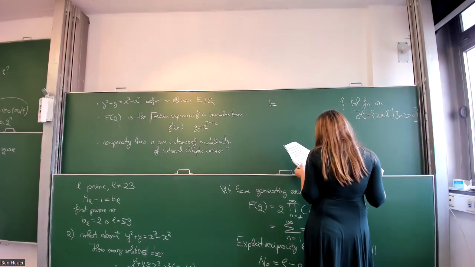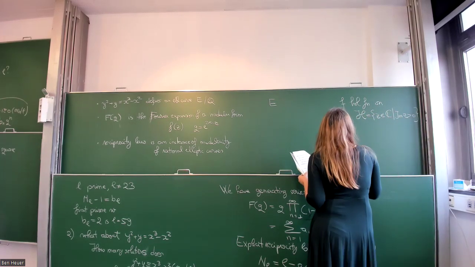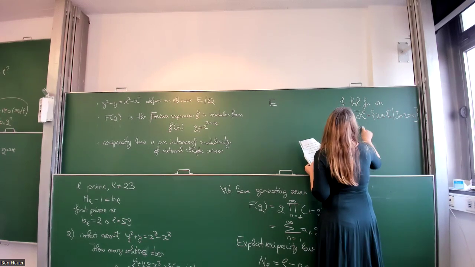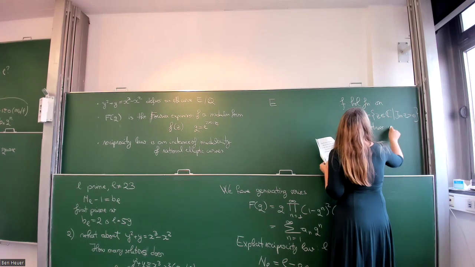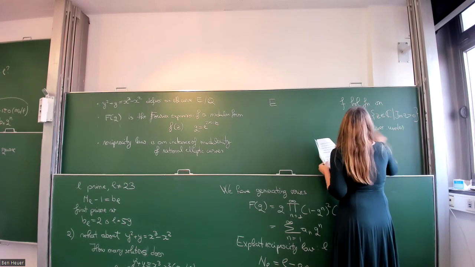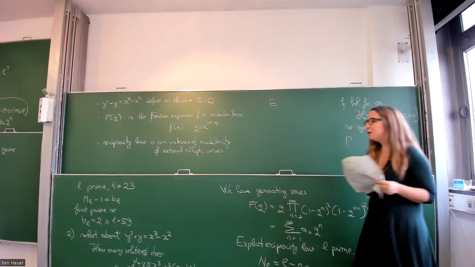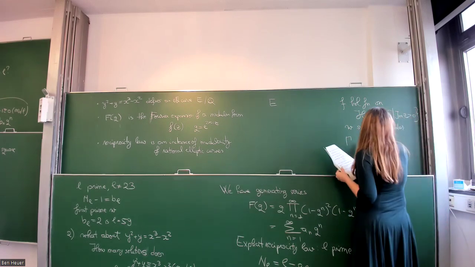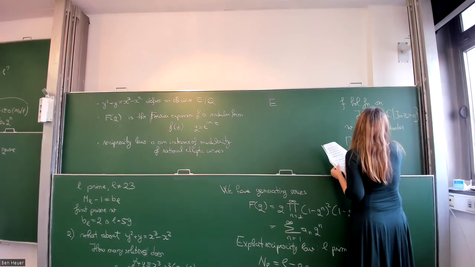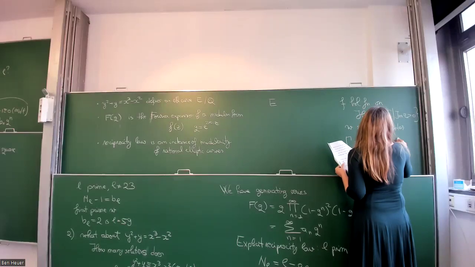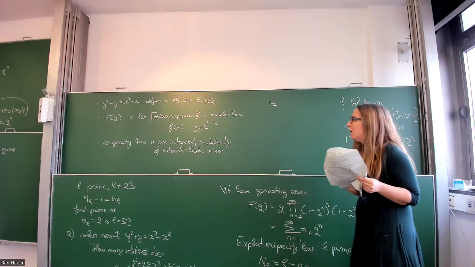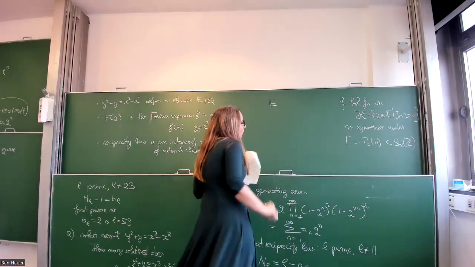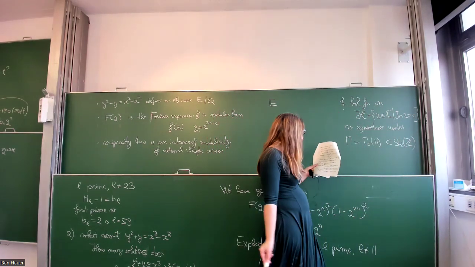And maybe I don't give you the full definition, but I'll say it has symmetries under some arithmetic group, some specific arithmetic subgroup of the group of 2 by 2 matrices with determinant 1 and with integer coefficients.